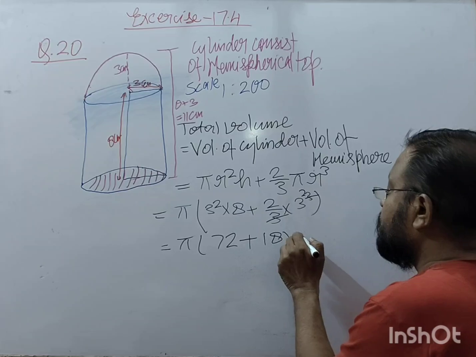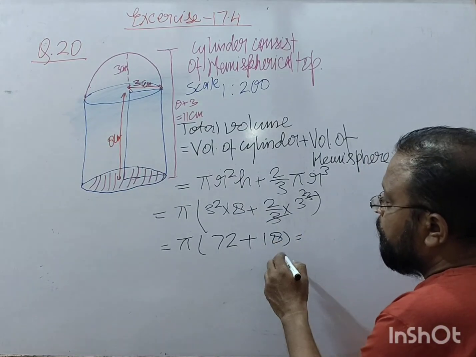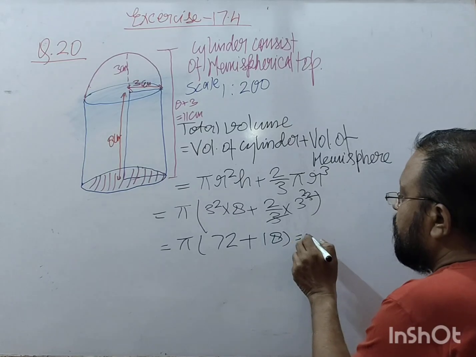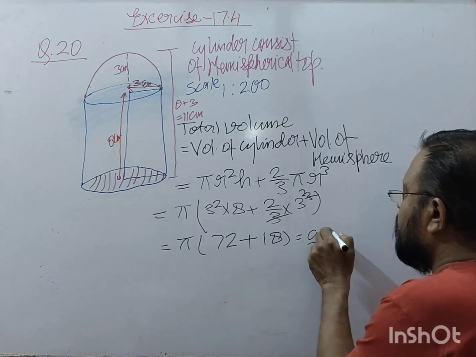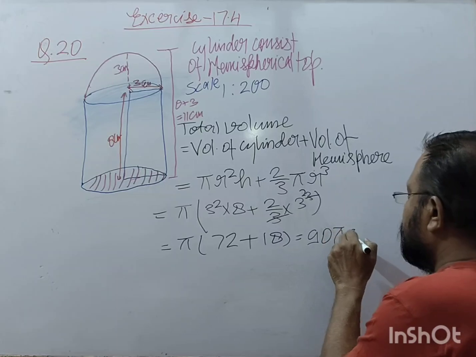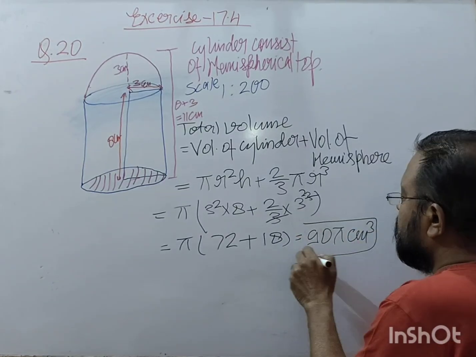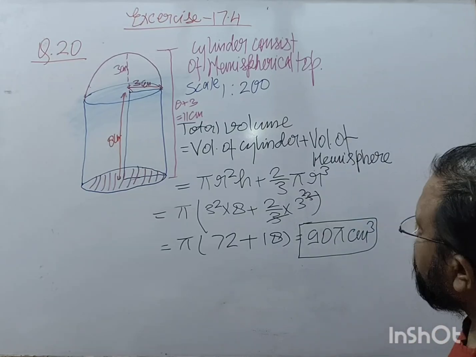So it is how much? 90 pi centimeter cube. 90 pi centimeter cube, right?